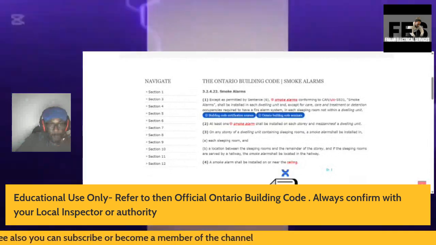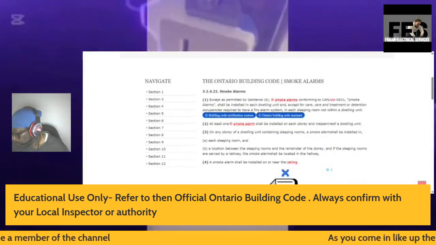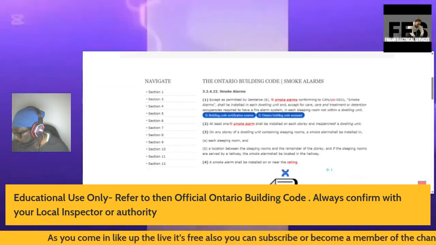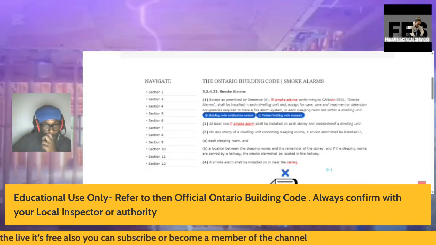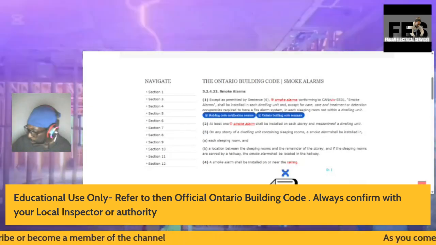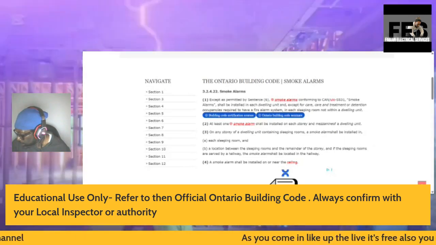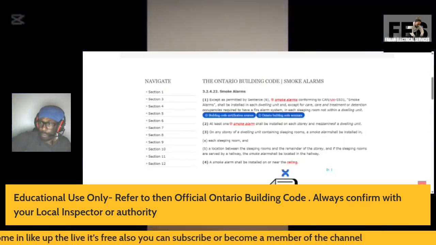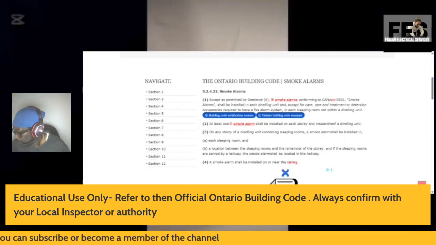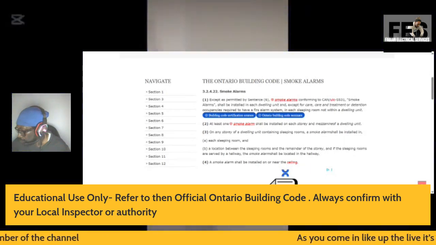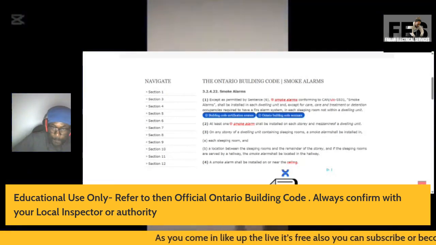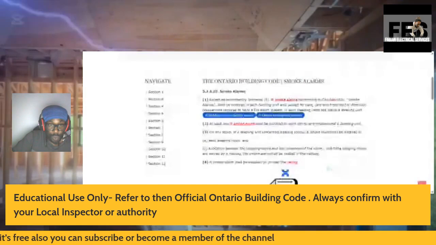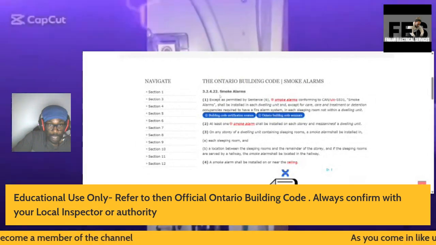The Ontario Building Code rules. So it goes on to say, the Ontario Building Code smoke alarm 3.2.4.22, and then it says smoke alarms.